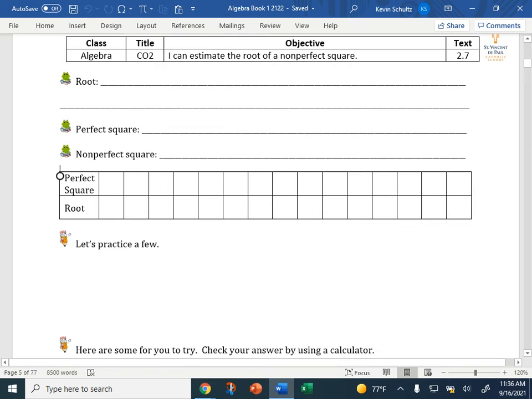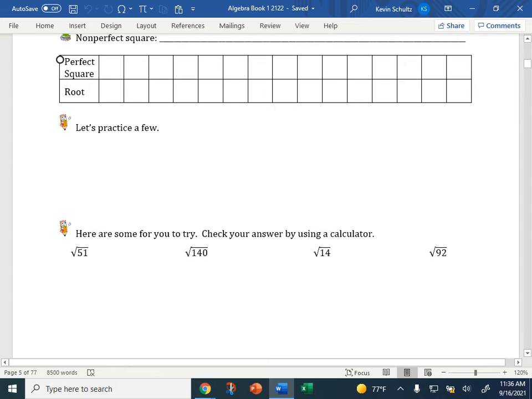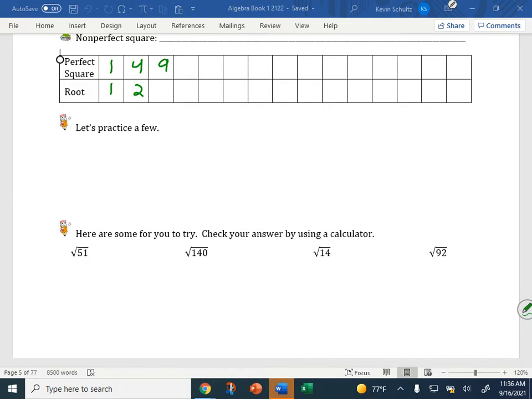So going down a little bit here, filling out this table, talking about perfect squares and their roots. The first perfect square, Aiden already brought it up, is 1. What is the square root of 1? 1. Okay. The next perfect square is 4. What's the root of 4? 2. And then we've got 9.